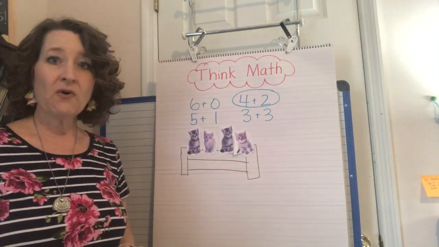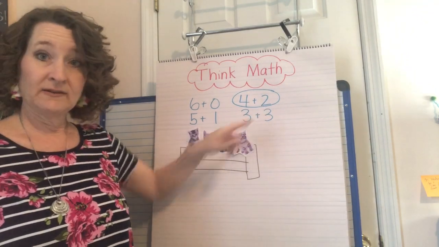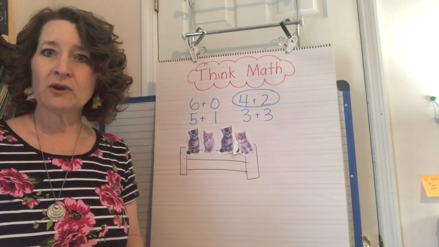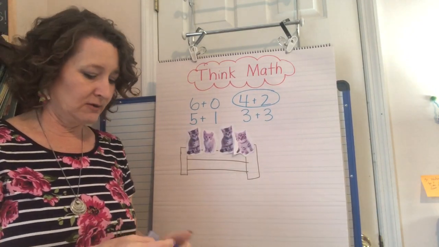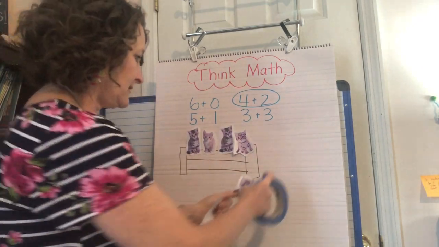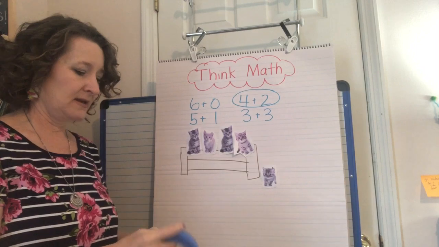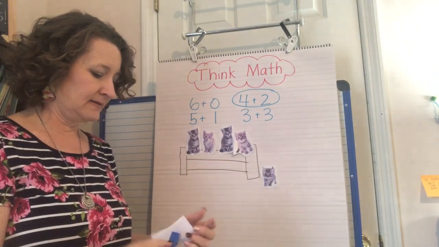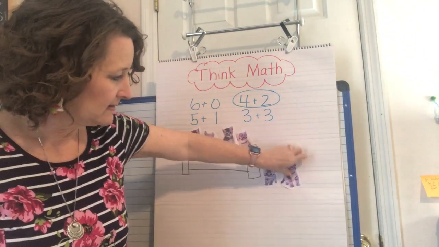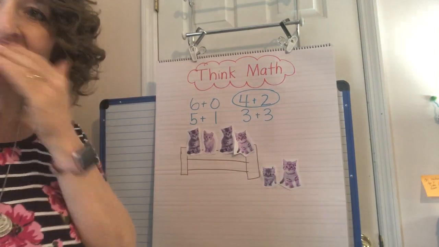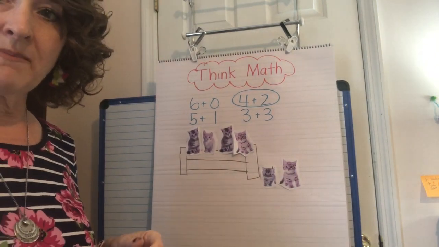Now, 4 plus 2. So I've got to have 2 more cats, don't I? So these 2 cats I'm going to put down here because they're not on the fence yet. All right, and now I'm ready to write my story about this.